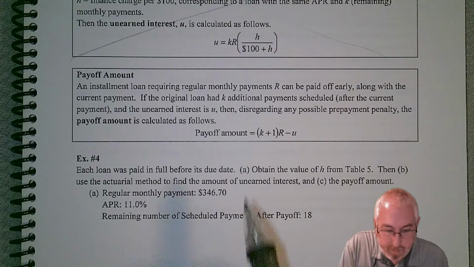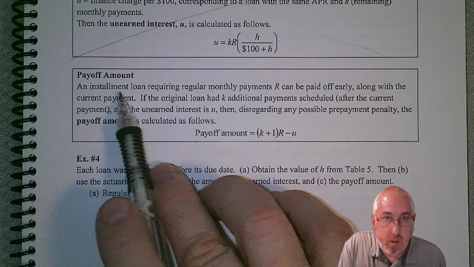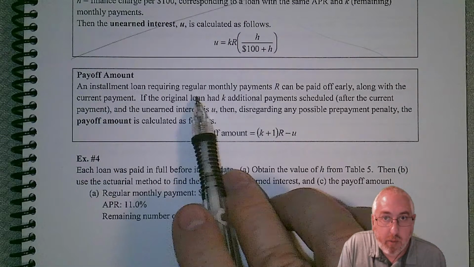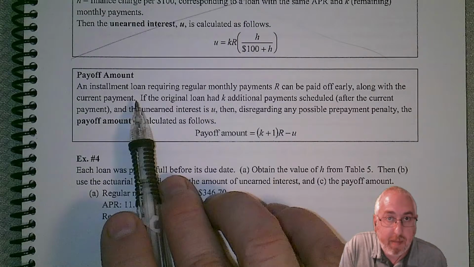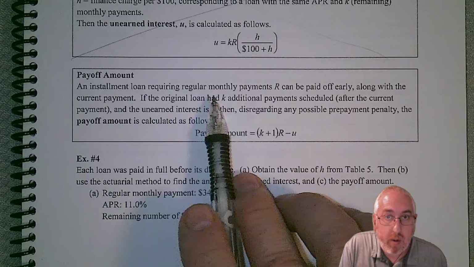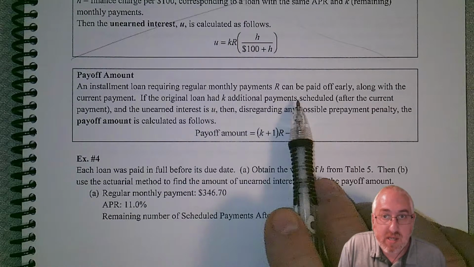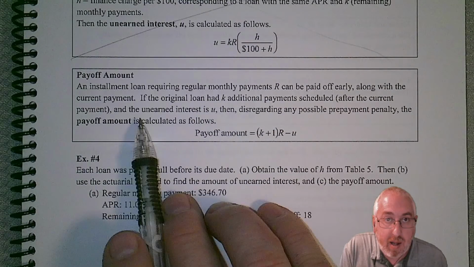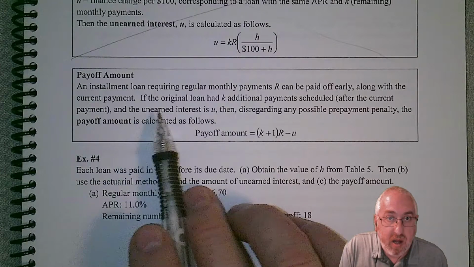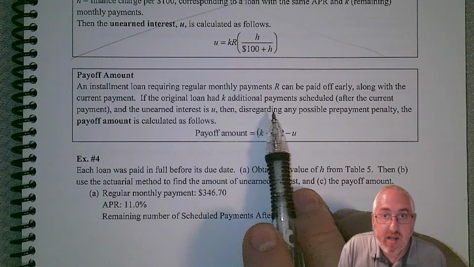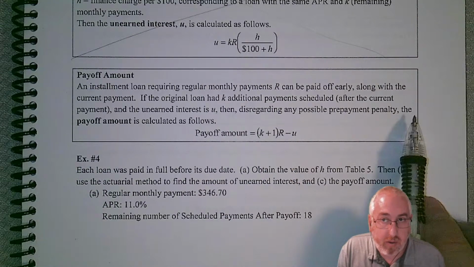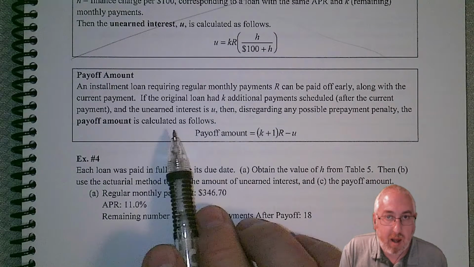Let's just read it. An installment loan requiring regular monthly payments can be paid off early along with the current payment. If the original loan had K additional payments scheduled after the current payment was paid and the unearned interest is U, then disregarding any possible prepayment penalties, the payoff amount is calculated as follows.